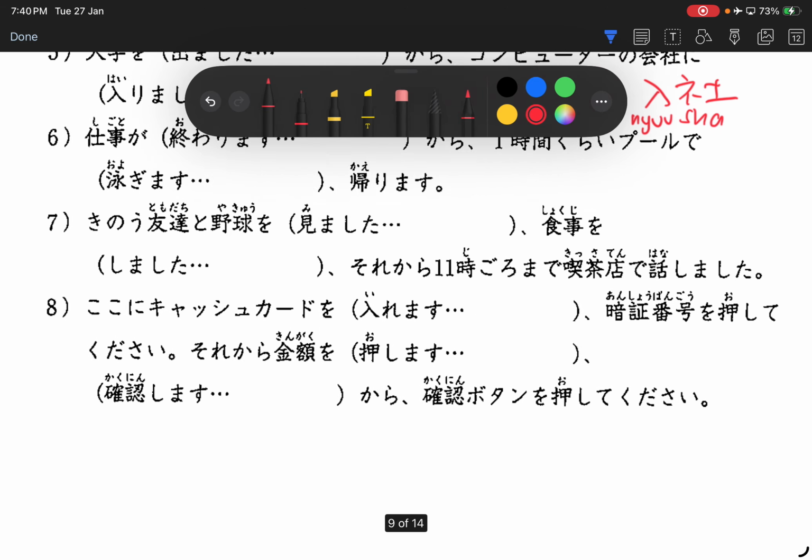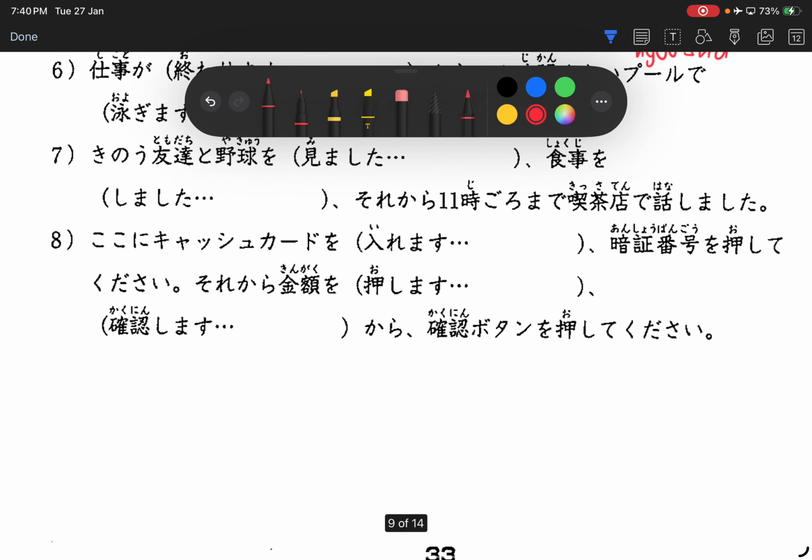見て and して. Number 8. ここにキャッシュカードを入れて暗証番号を教えてください. Very good. それから金額を教えて、確認してから確認ボタンを押してください. Very good.